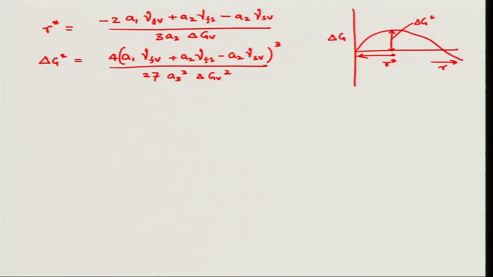When R is increasing due to growth of the thin film, if it crosses this barrier or this radius, then the free energy change will be negative, and then your thin film or nuclei will be stable. So, let us stop at this point, and in the next lecture we will pick up from here. Thank you very much.